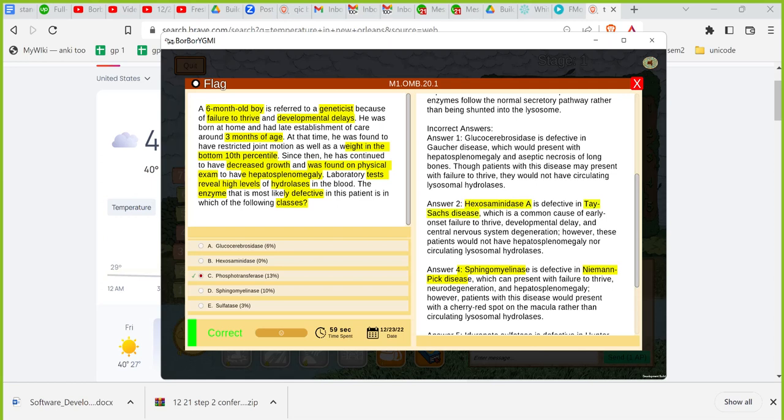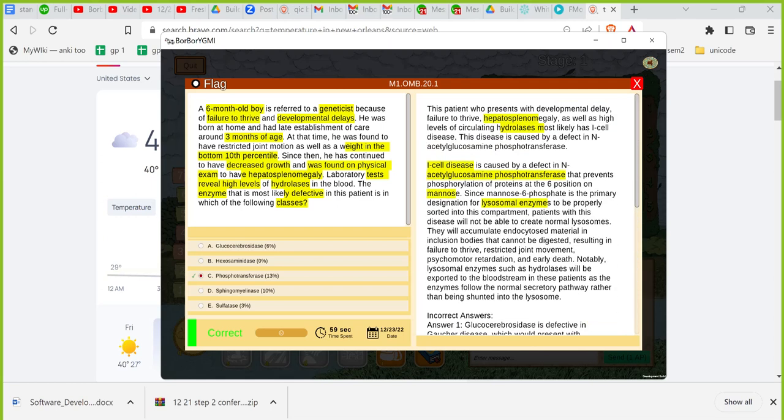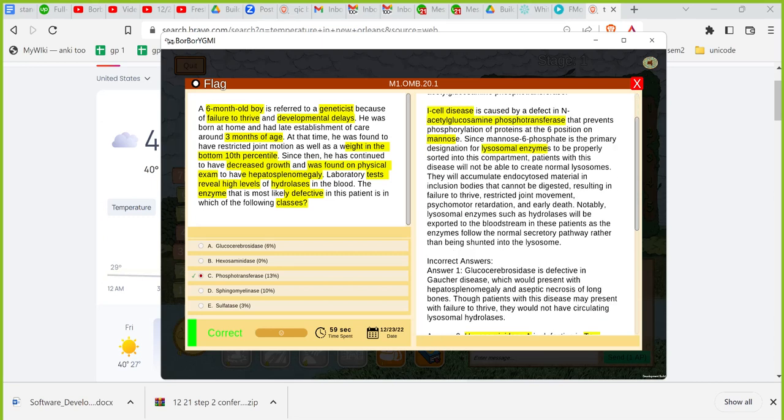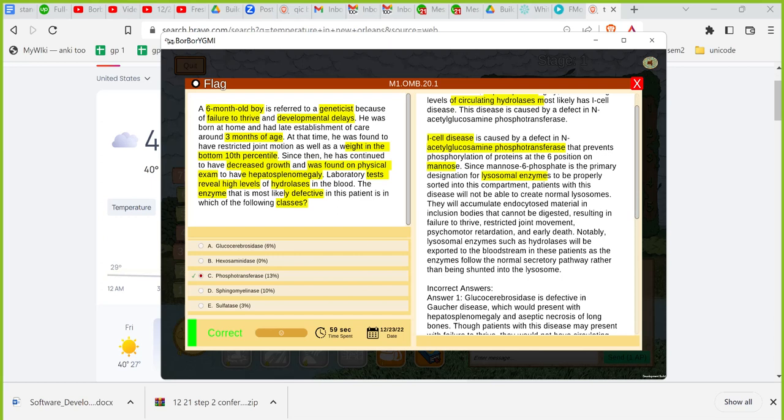But I think this is a very detailed question to ask someone to identify I-cell disease. The only thing you want to know is that phosphotransferase corresponds to the I-cell disease answer choice, and that you'll have an accumulation of hydrolases. If you knew more than that, you're trying to get a 260, you know.